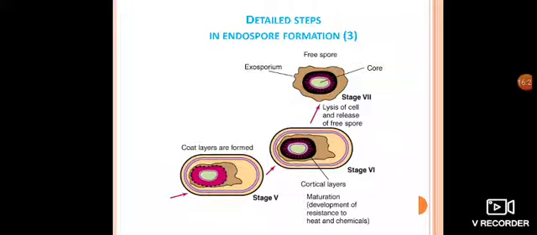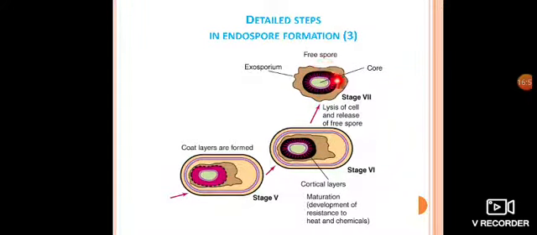Now, in the last 6-step diagram we could observe only a superficial discussion, but in all these 7 steps we can easily observe the basic and minute steps involved in the formation of the spore. So stage number 7 is the lysis of the cell and the release of the free spore.